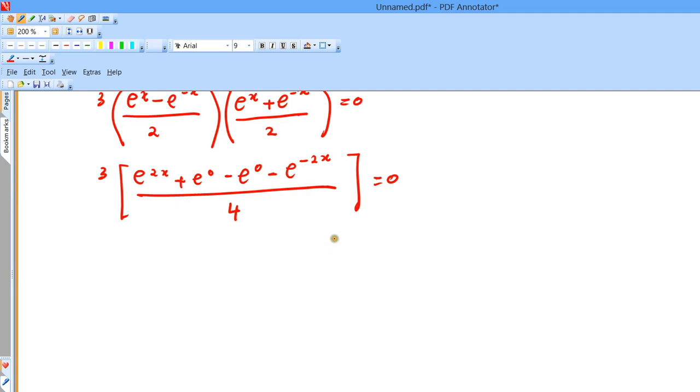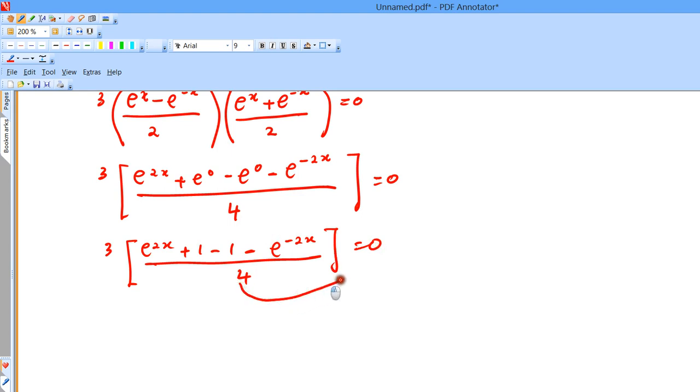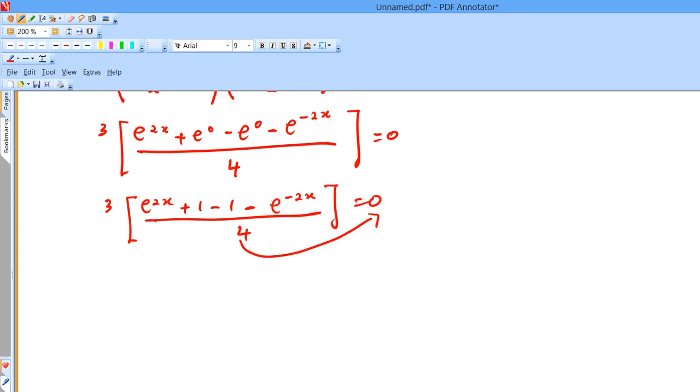And then simplify this, we get 3 e power of 2x plus 1 minus 1 minus e power of negative 2x over 4 equal to 0. The constant 1 over 4 you can multiply with the right hand side equal to 0, and this one you can cancel out, so we get 3 e power of 2x minus 3 e power of negative 2x equal to 0.